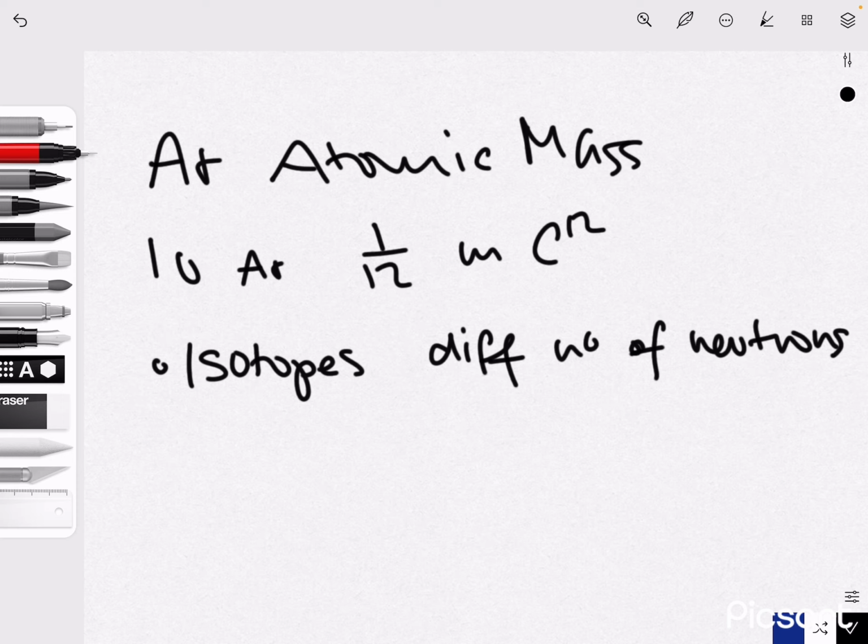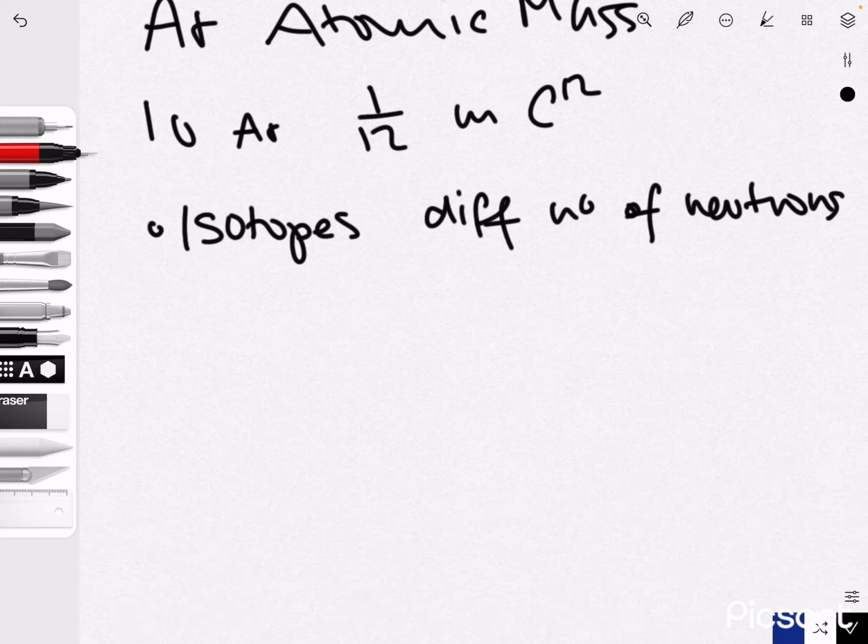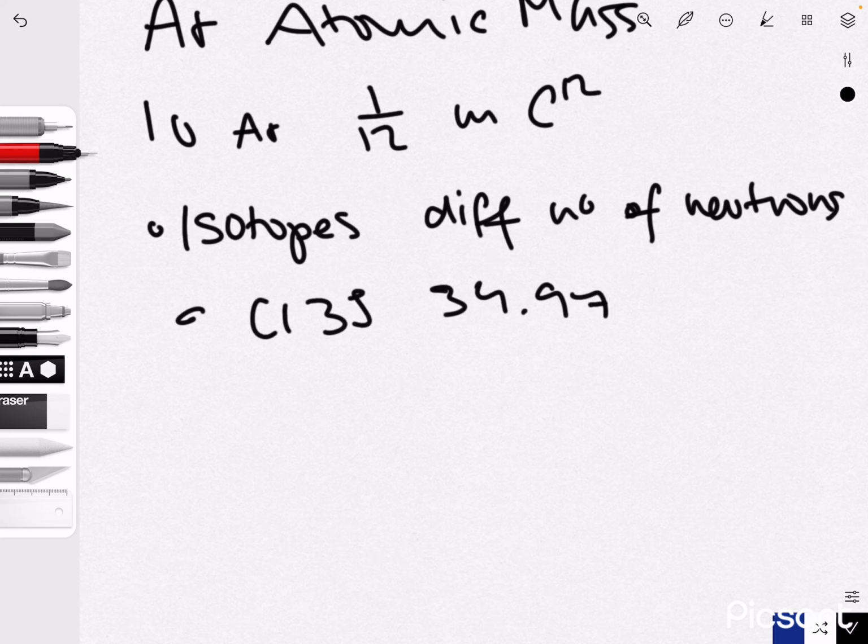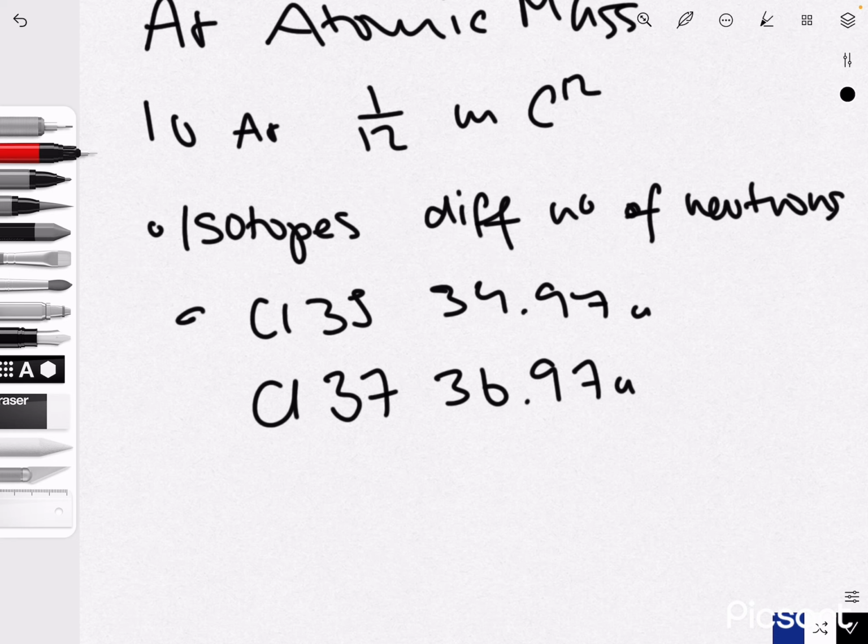So in terms of calculating Ar from the abundance of different isotopes, let's say we have chlorine-35 with a mass of 34.97, and chlorine-37 with a mass of 36.97 as well.